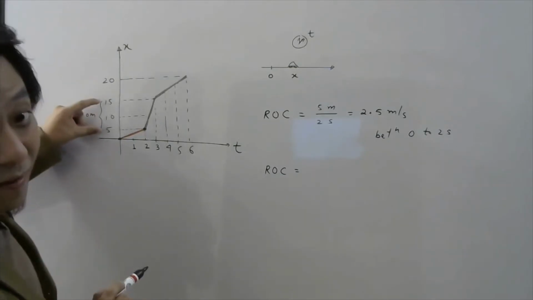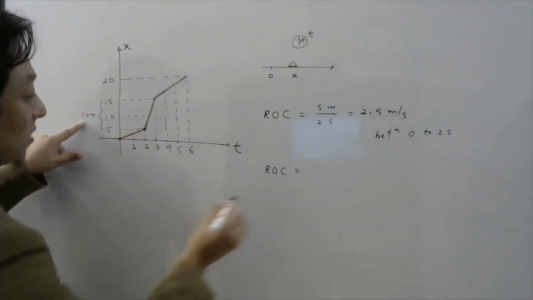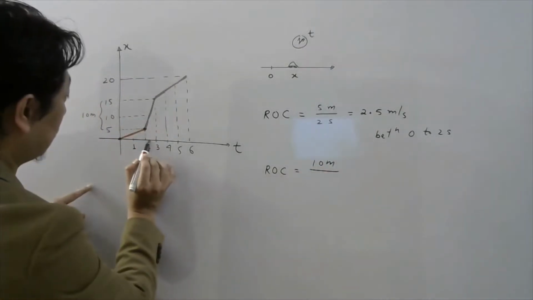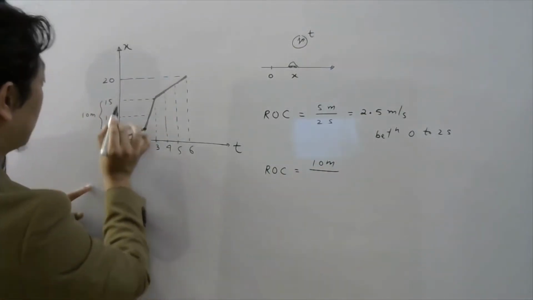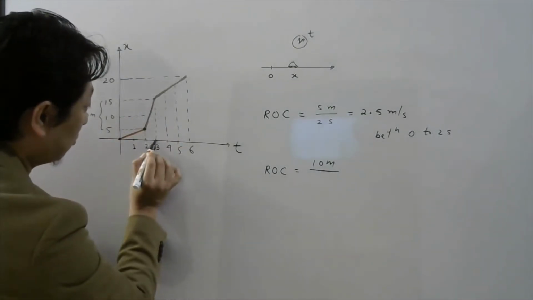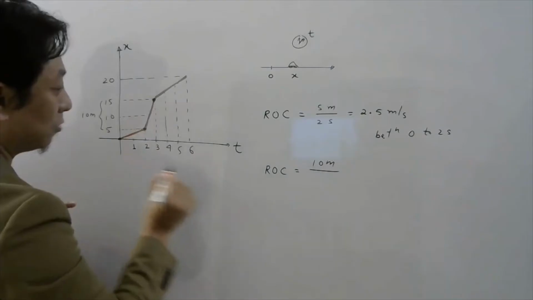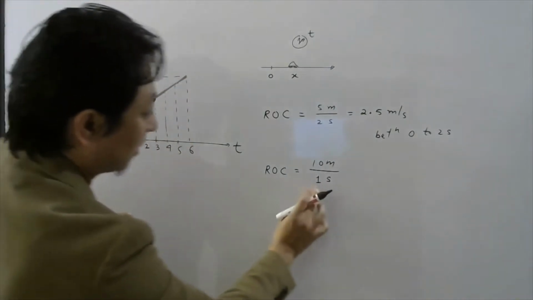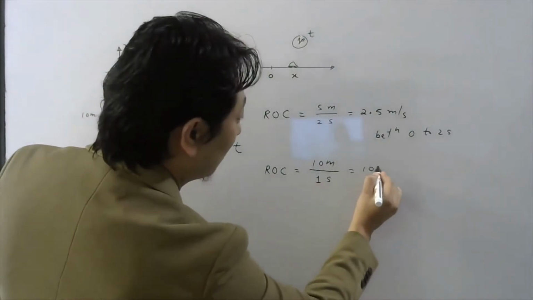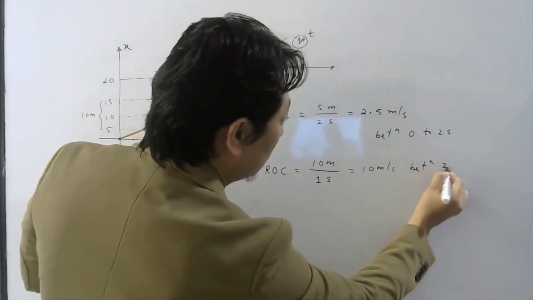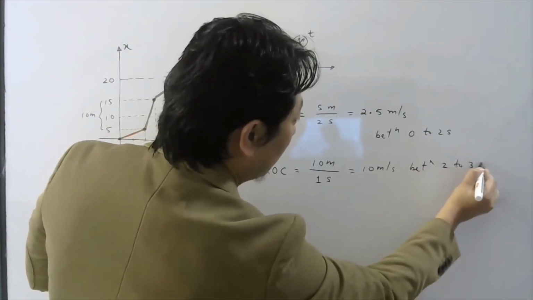So if you subtract, the distance covered would be 10 meters. And how much time did it take? Well, from 2 to 3, it went from 5 meter to 15 meter according to the graph. So the time taken is from 2 to 3, isn't it? So it would be 1 second, because 2 to 3 means time taken is 1 second, and that would be 10 meter per second. This is between 2 to 3 seconds, right?